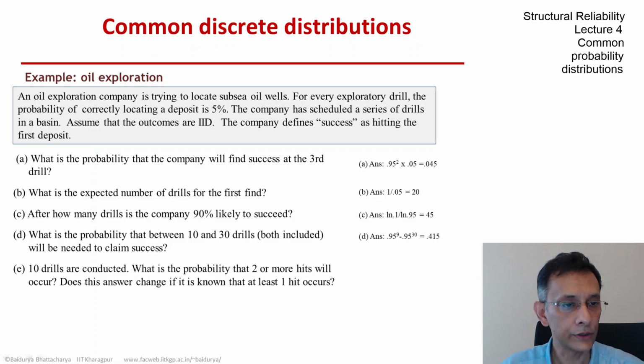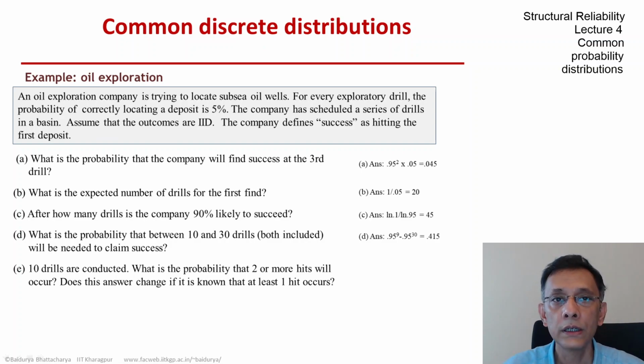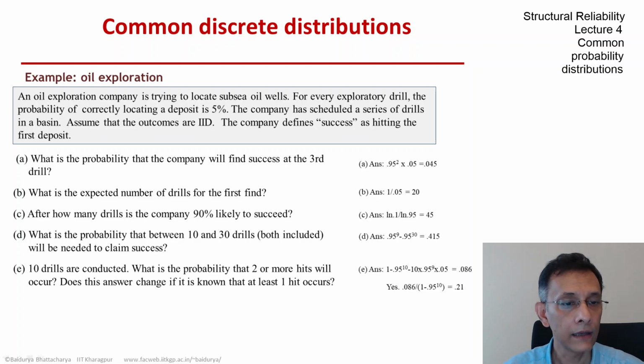The next question is different because the number of trials is fixed. So it's no longer geometric, but a binomial random variable problem. What we are interested to know is that 2 or more of these 10 trials would be success. So just simply plug in the binomial PMF.